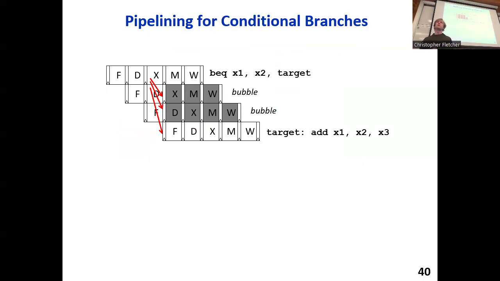Okay, so pipelining for conditional branches. Given that we don't know the condition until the execute stage. So going back to the pipeline diagram style from last time, the thing to really be careful of with any type of pipeline waterfall table, where the columns of the table are cycles that indicate when an instruction is in a particular stage, and the rows indicate what instruction we're talking about.